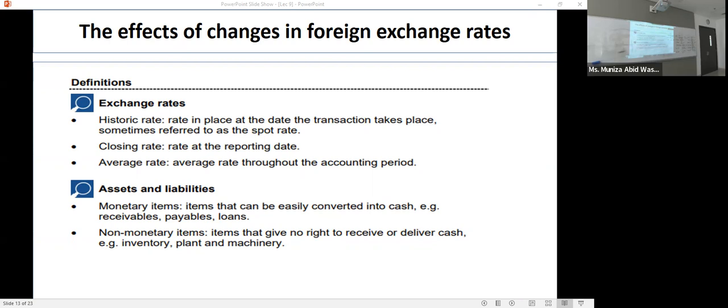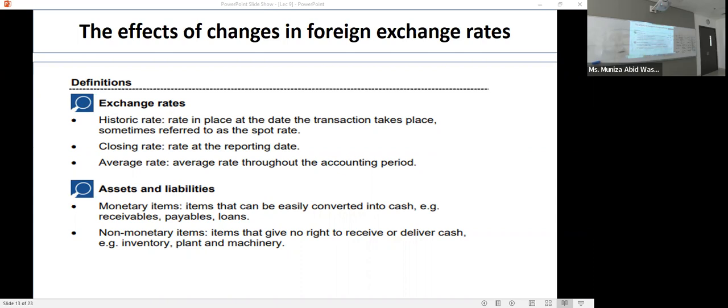But in current assets, inventory is not a monetary item, as it cannot be readily converted into cash.